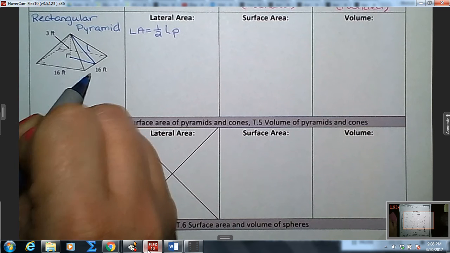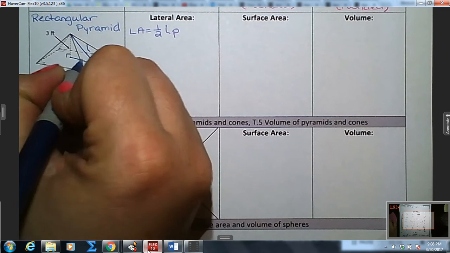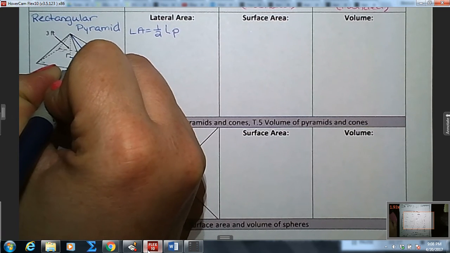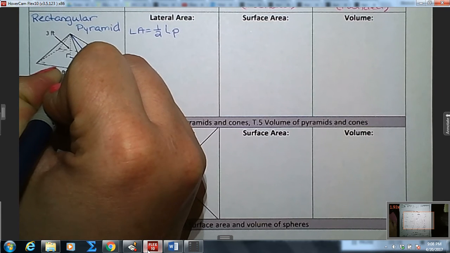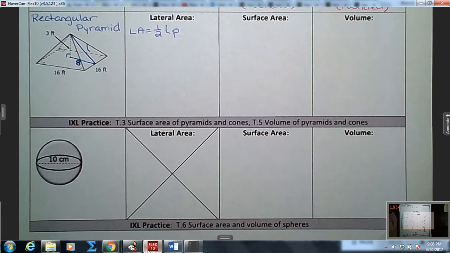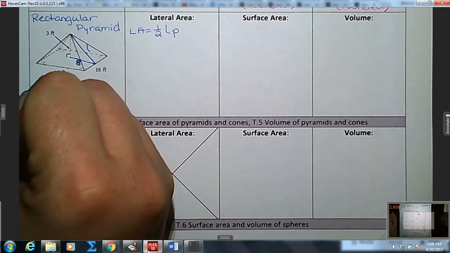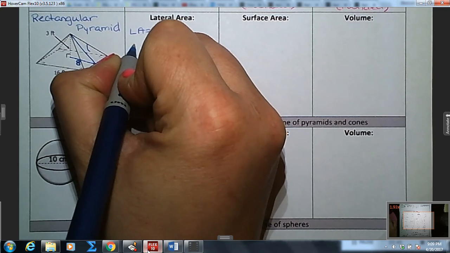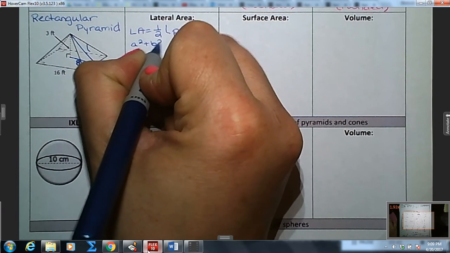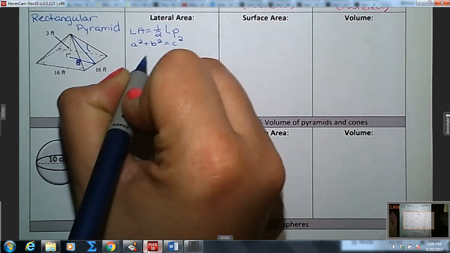We've taken this 16 and we've split it in half. So this is an 8 now. So we can use our Pythagorean theorem to find the slant height. Pythagorean theorem, a squared plus b squared equals c squared.